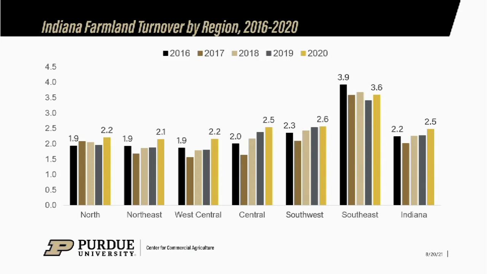So 2012 and 2017 were the years that we were able to observe here. I looked at the transacted acres divided by the number of acres in the county, and then split that out around the state. Again, from 2016 to 2020 it's relatively stable, but around 2 to 2.5% of farmland will turn over in a typical year here in Indiana.